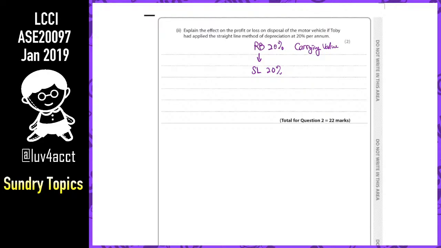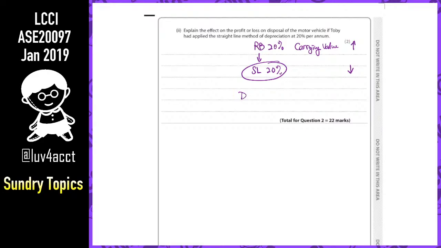So, reducing balance method at 20%. In the second year the amount will be reduced, so the carrying value would be higher, while for the straight line method the carrying value would be lower. If we use the straight line method, we are selling our asset at the same amount, but the carrying value is lower.